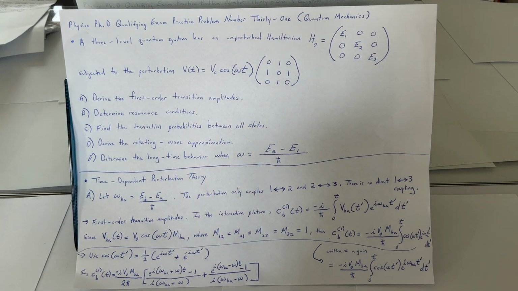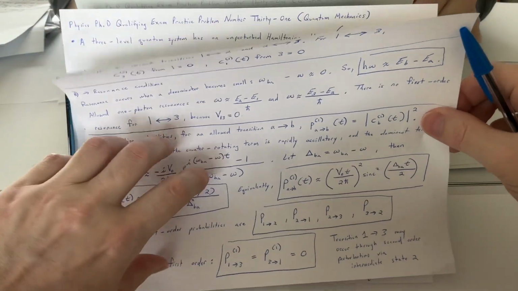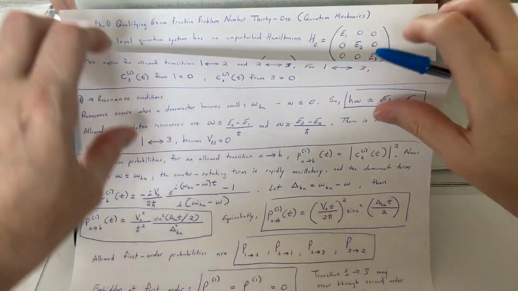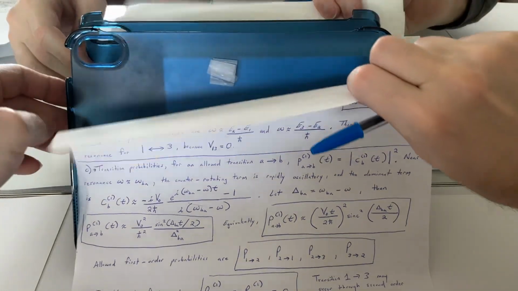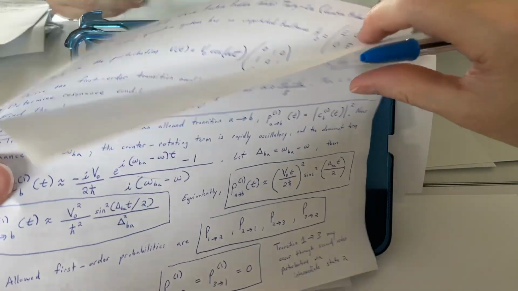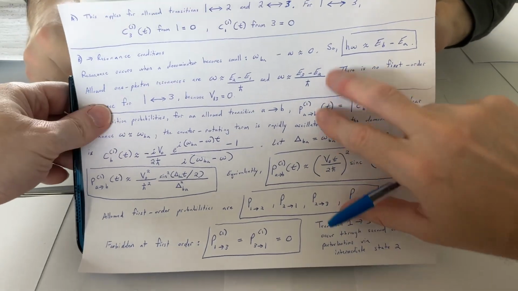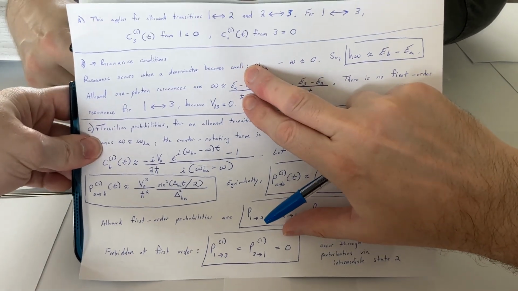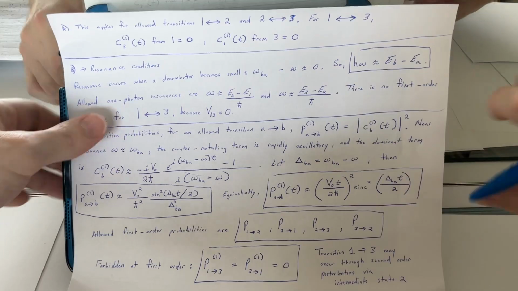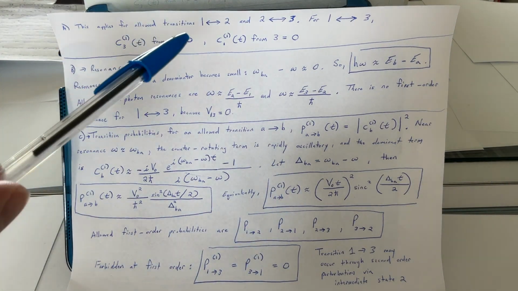Building on that for letter A, this applies for these couplings, so this applies for the allowed transitions.